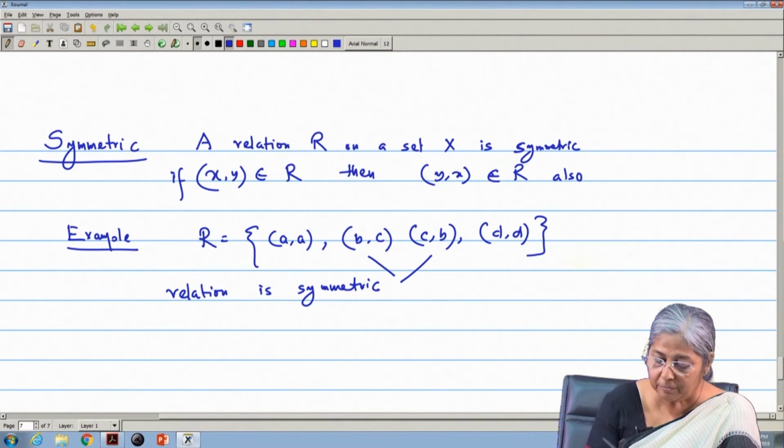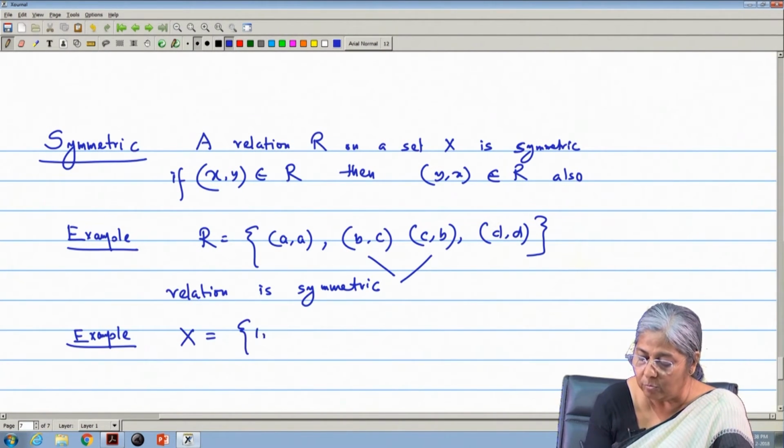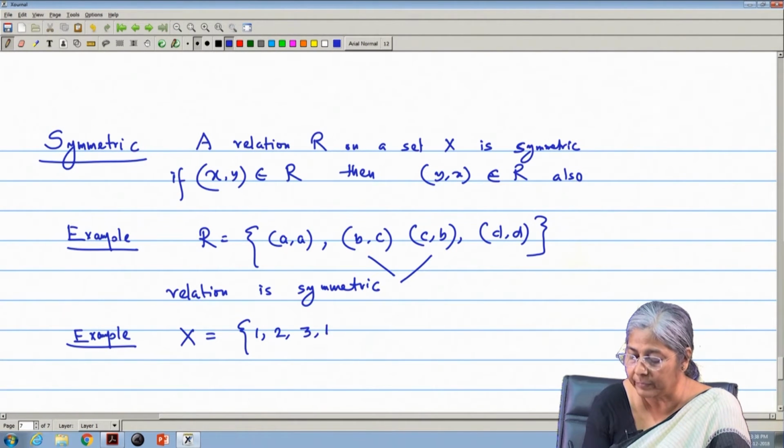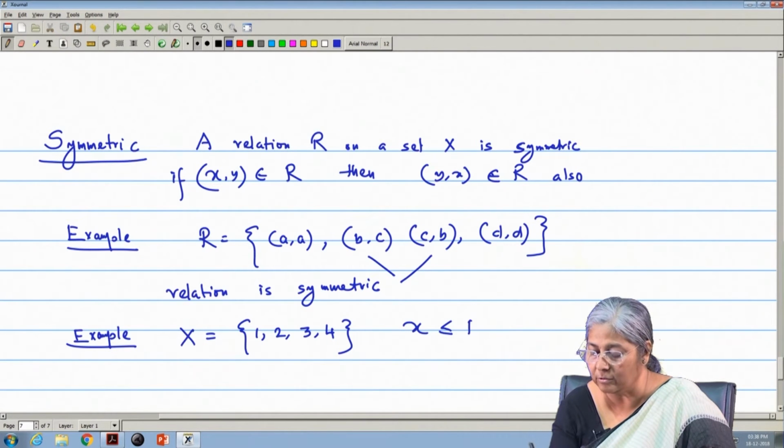If we consider our earlier example, X equal to 1 2 3 4 and the relation is x less than equal to y.